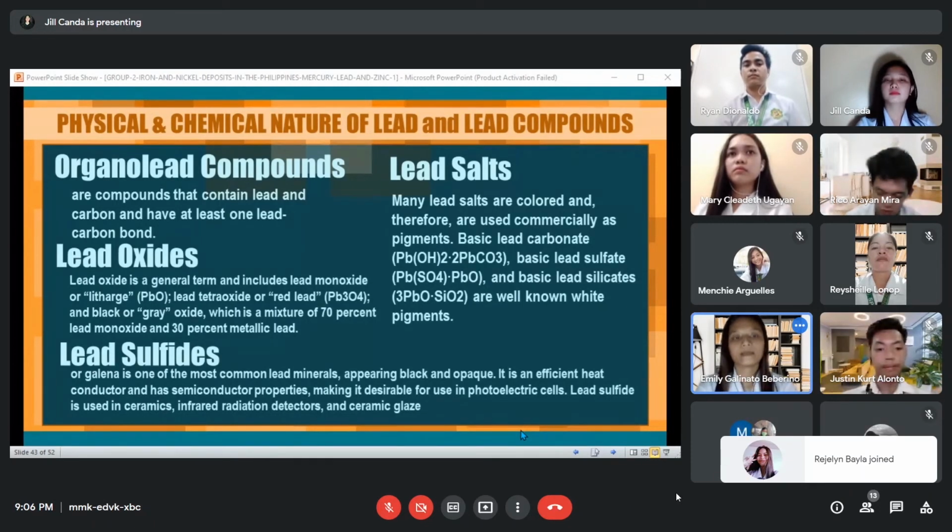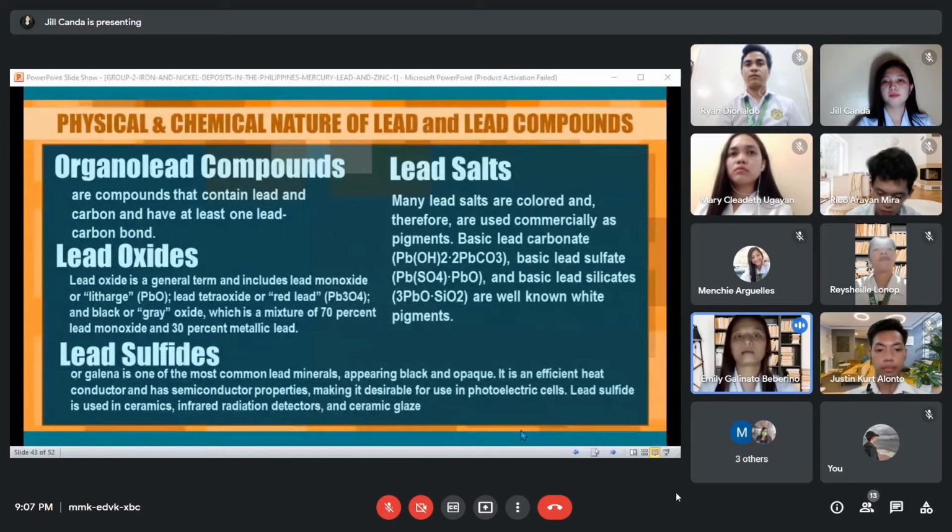Lead tetraoxide or red lead is a brilliant orange-red pigment. It is used as a pigment in anti-corrosion paints for steel surfaces. Also, the black lead is made for specific use in the manufacture of lead-acid storage batteries.